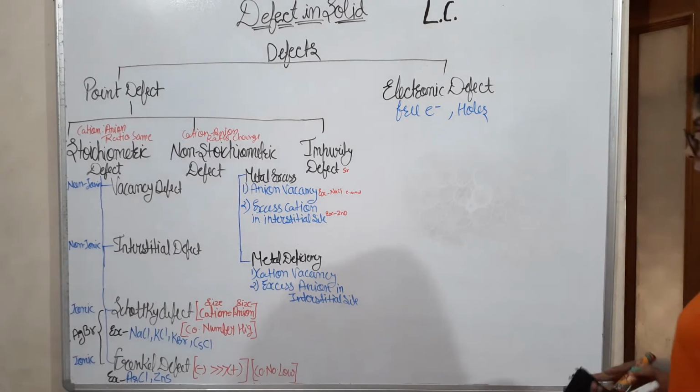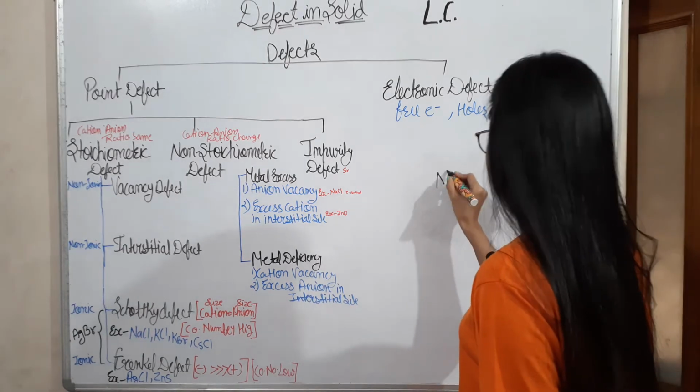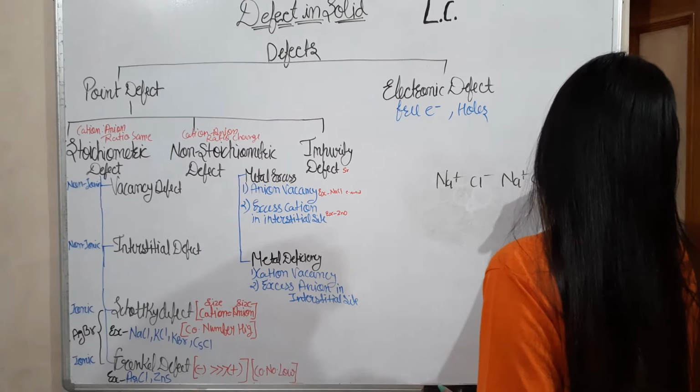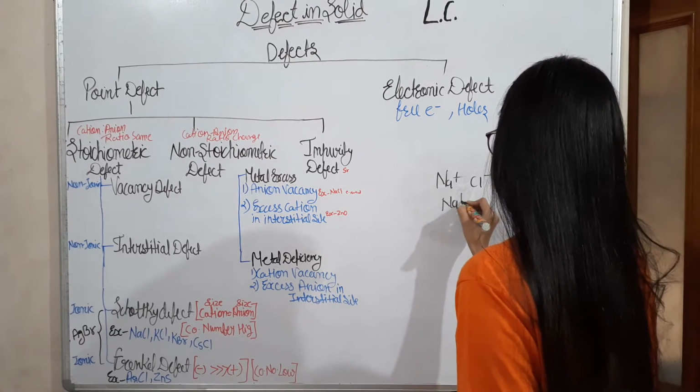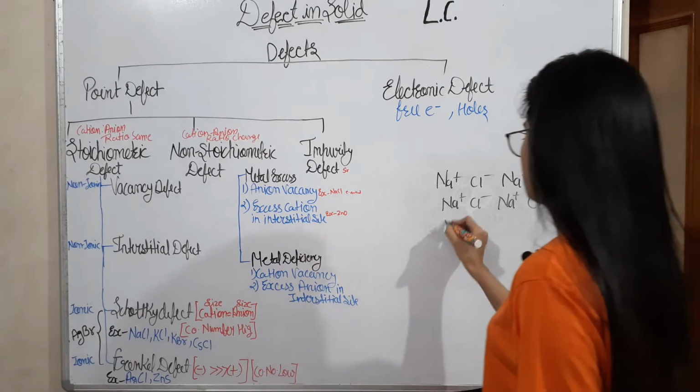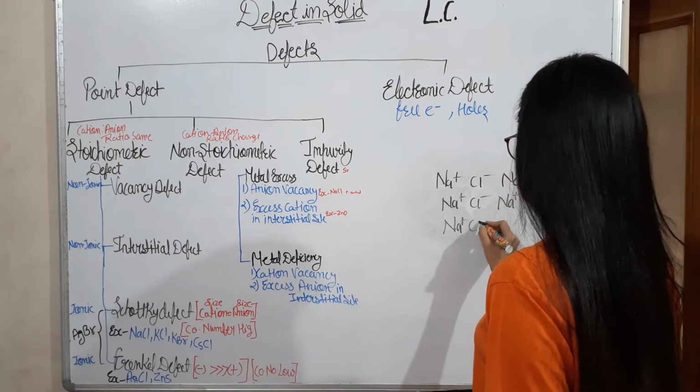So in Schottky defect, Na plus and Cl minus, it means NaCl solid is here.